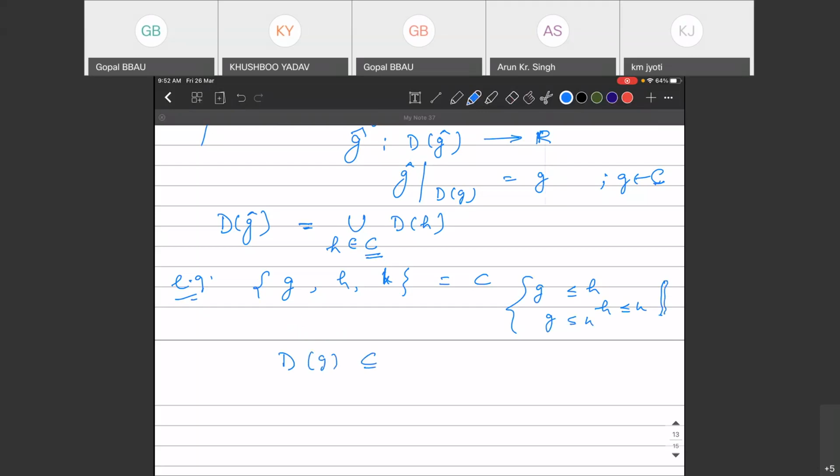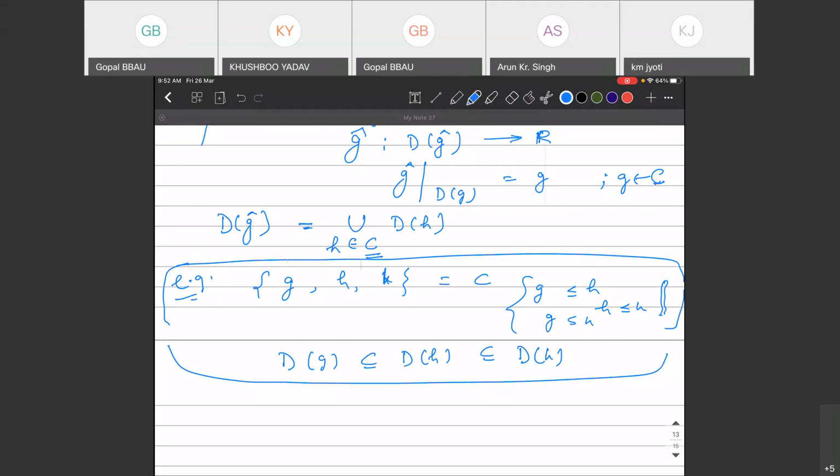So this means DG will be a subset of DH, and DH will be a subset of DK. This is only an example.